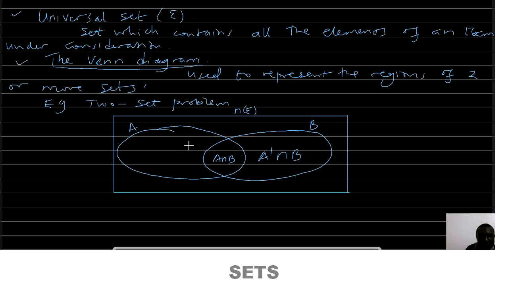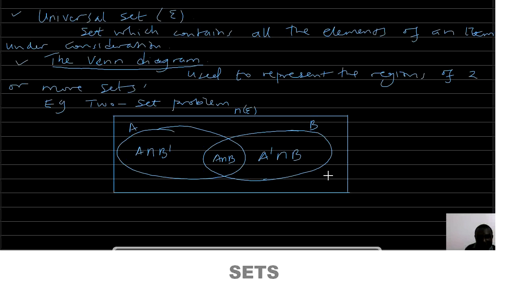The same reasoning applies to the whole of this over here for set B. If you shade it, you will have removed all elements of set B and it will be remaining with only elements of set A. So this will be written as set A intersection B complement.